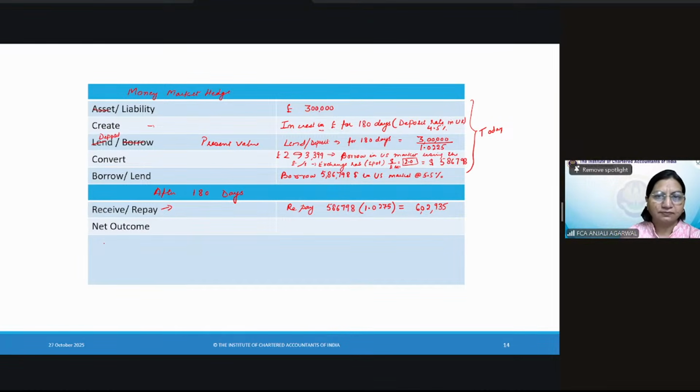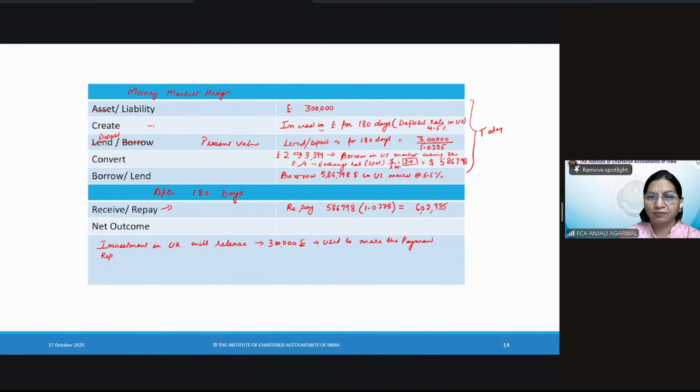And as you have invested in the UK, the investment in UK will release 300,000 pounds used to make the payment.